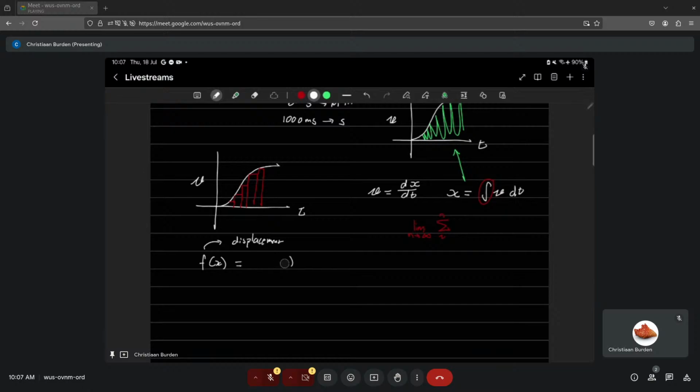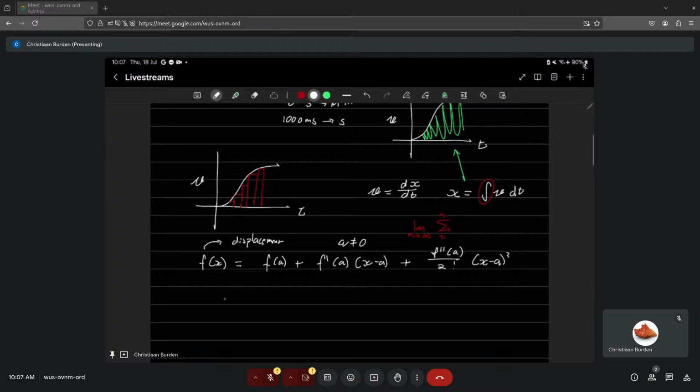So we know that f of x is equal to f at a plus the derivative of f at a times x minus a. This is the Taylor series, not the Maclaurin series, because a is not equal to 0. Then the second derivative of f over 2 factorial, and so on to infinity.